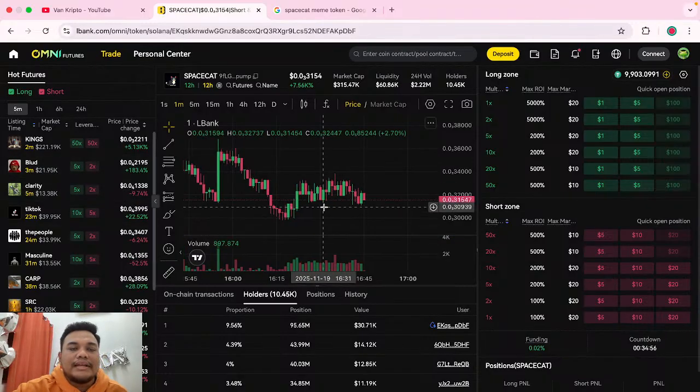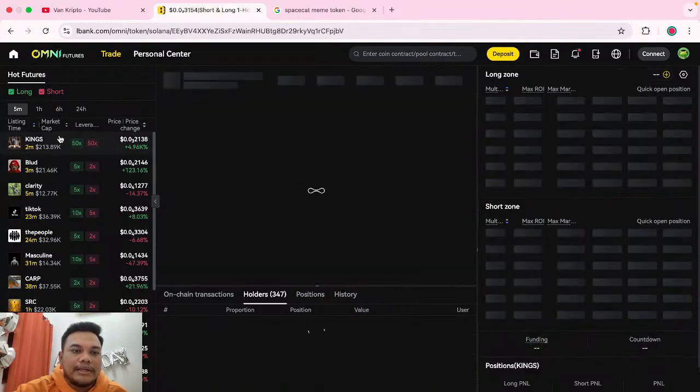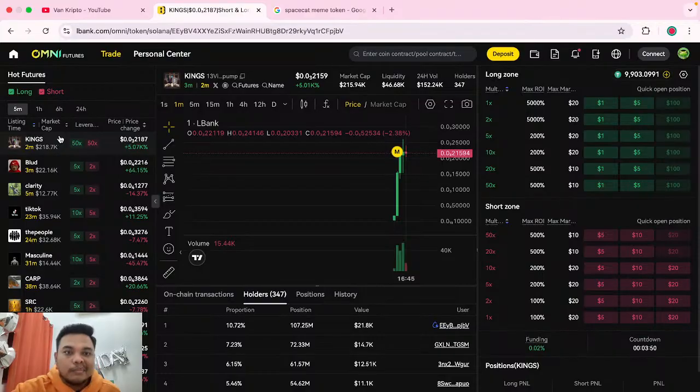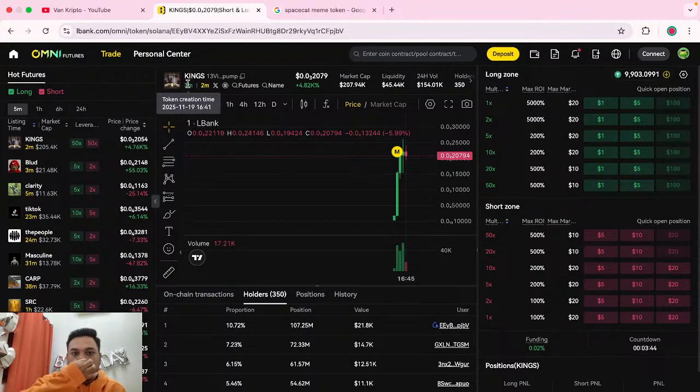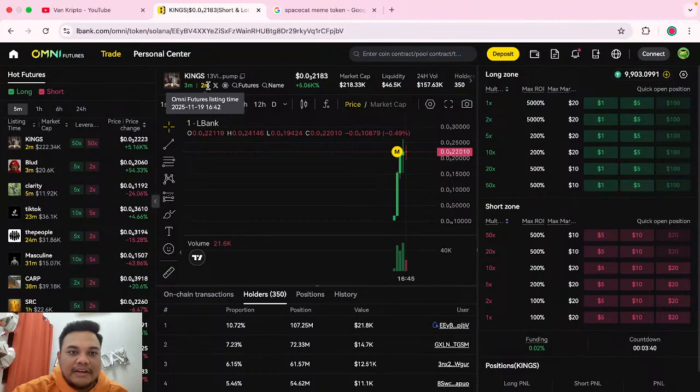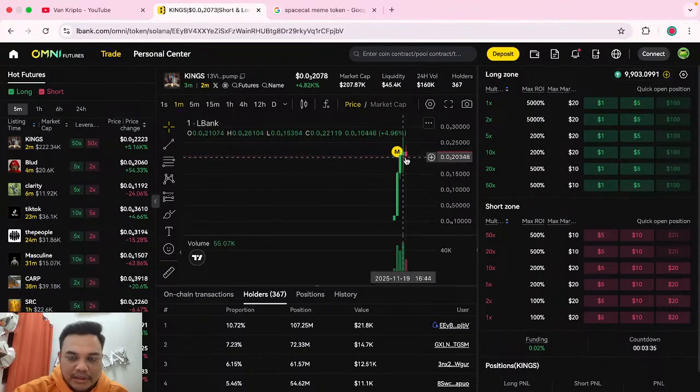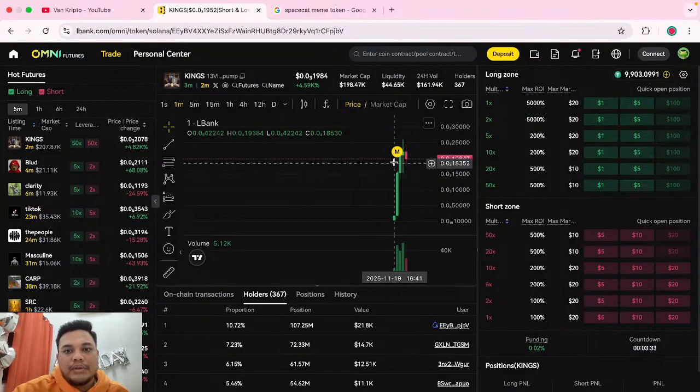So that's why you can see some of the coins right here, Kings, for example. They got a buffer of about 3 minutes from the on-chain, which is from Pump.fun. Then 2 minutes after, we just got it listed here.